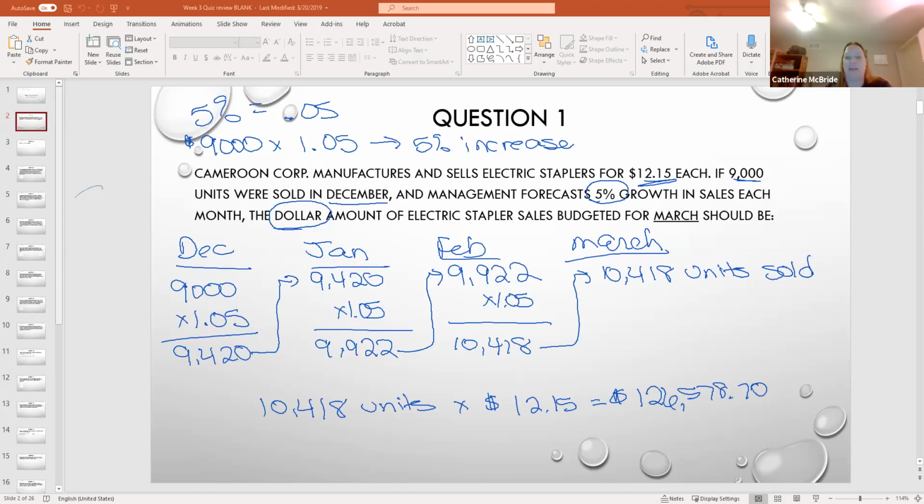All right, does this one make sense? How do you get the 1.05 again? Sorry. What you would have done probably is 9,000 times 0.05 tells me 450, and then added it to the 9,000, right? Or I can say, if it's a 5% increase, everything that we've already done plus 5%.